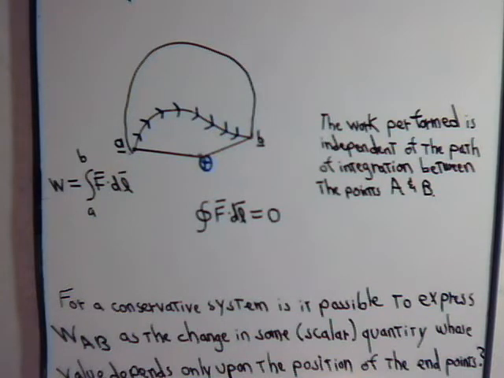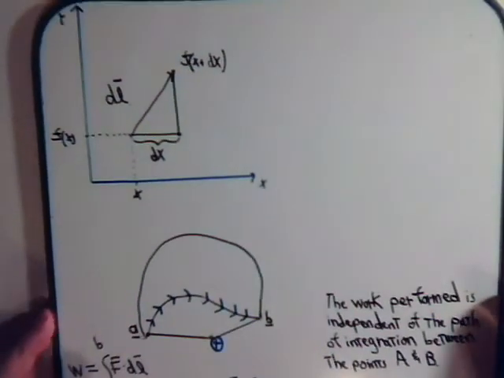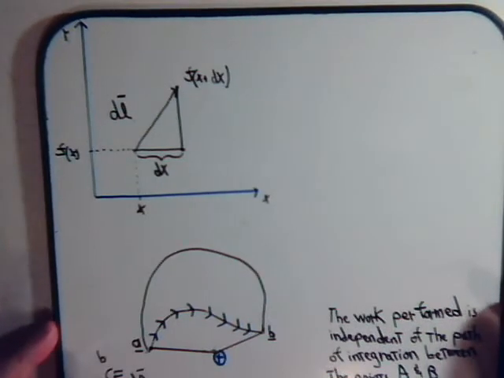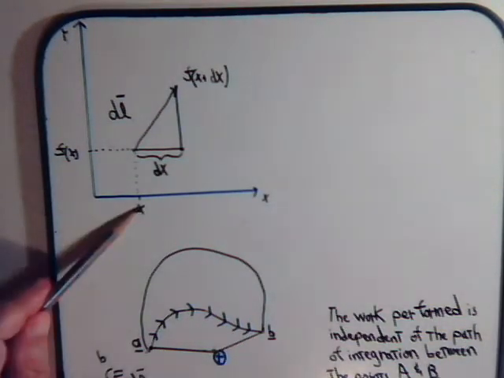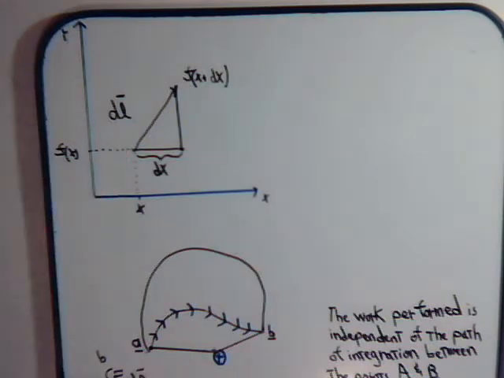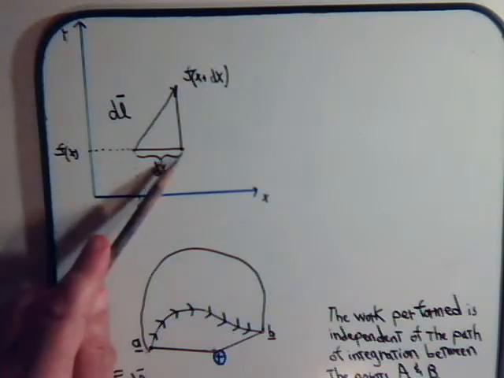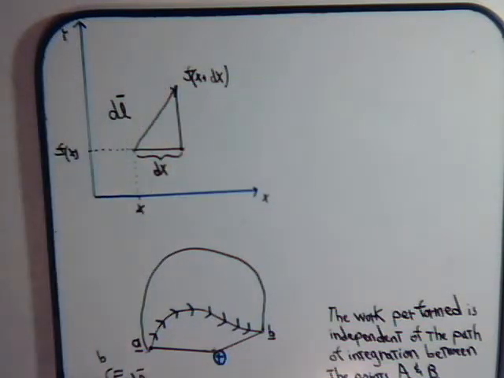And to answer that question, we have to go back and think about the gradient vector. Now, here, we just have some function f of x, and we're at a point x, and f of x has a value here, and then let's say that we have a small differential dx, and now we're going to take f of x plus dx, and say that gives us this point up here.